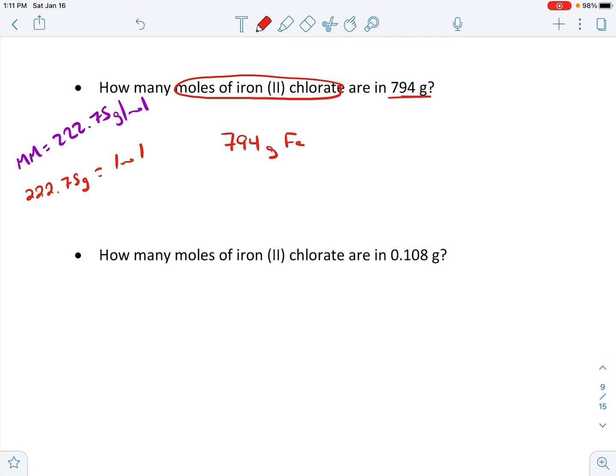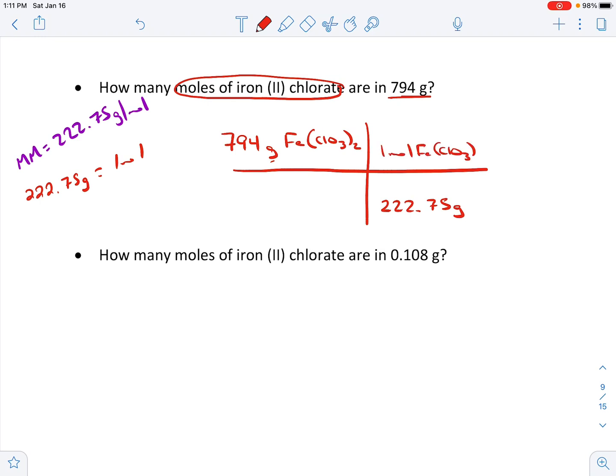And remember, iron 2 chlorate, its symbol was like that. Make our little T-chart. Now this time we have grams right here, so we need to put grams down here. So we're going to say 222.75 grams and 1 mole of iron 2 chlorate on top.